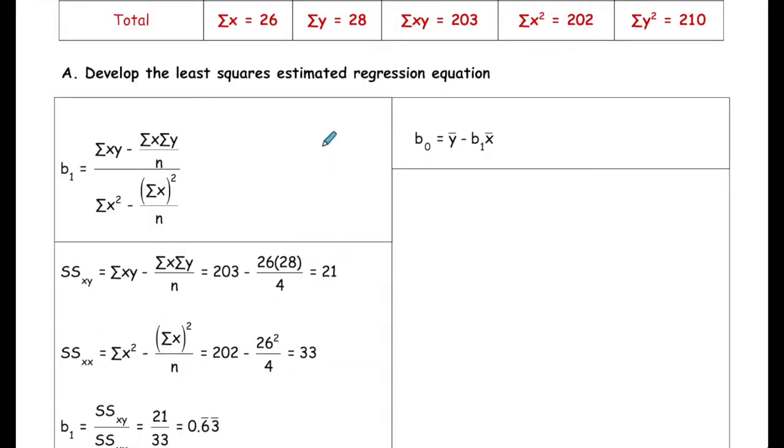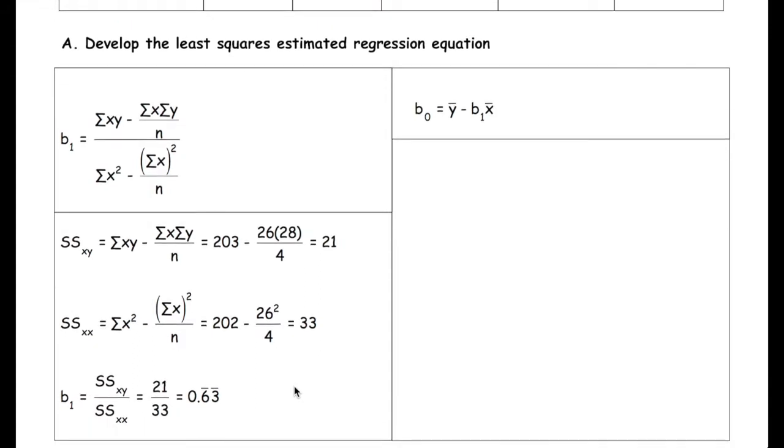Once again, it's really just a matter of plugging in these values where they belong in the equation that is offered. It looks scarier than it is, but all you're doing is just plugging in totals that you have found. So if I substitute 202 for sum of x squared, for sum of x, I'm going to plug in 26. We're going to square that, divided by n, you should be getting an answer of 33.